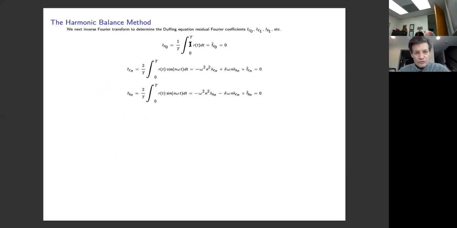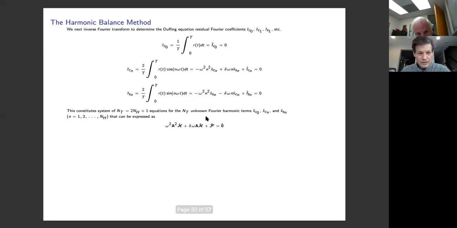And when you do these antiderivatives, you end up with a system of equations for the zeroth harmonic, the cosine n and the sine n terms that are given by these functions here. You can express all that as a system of equations, okay?